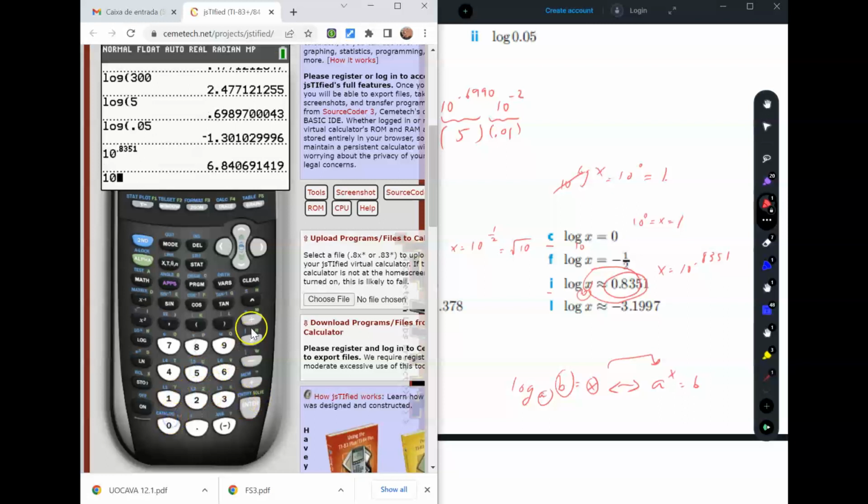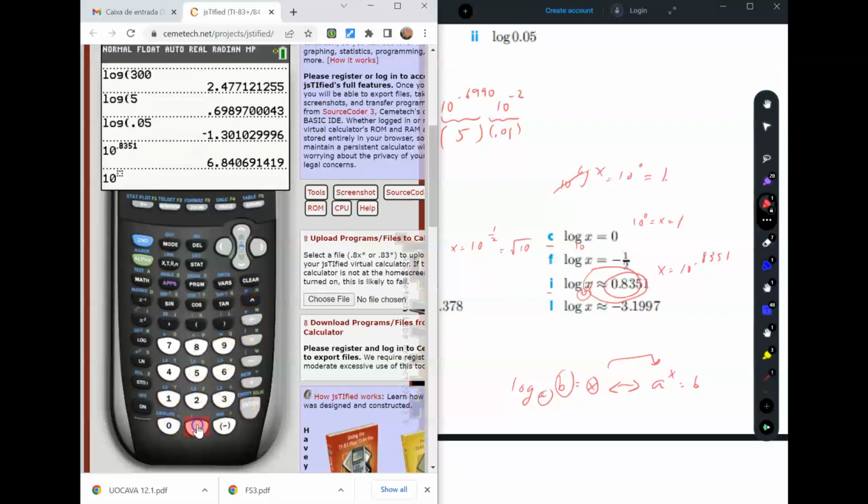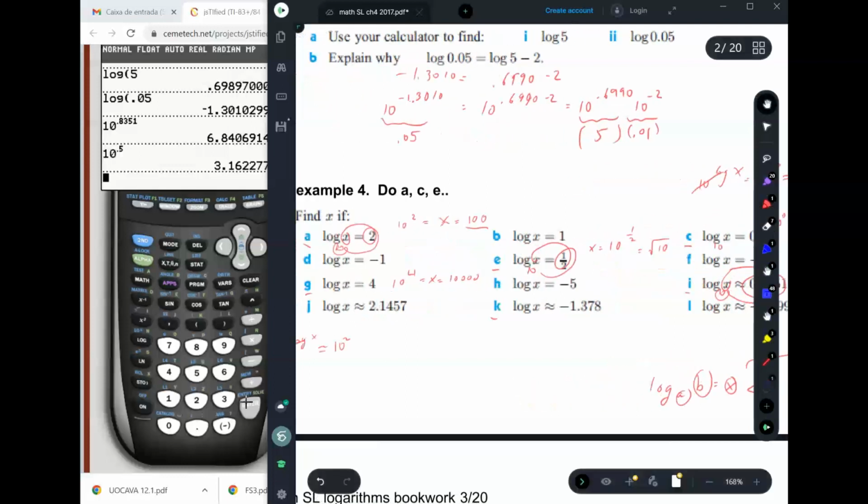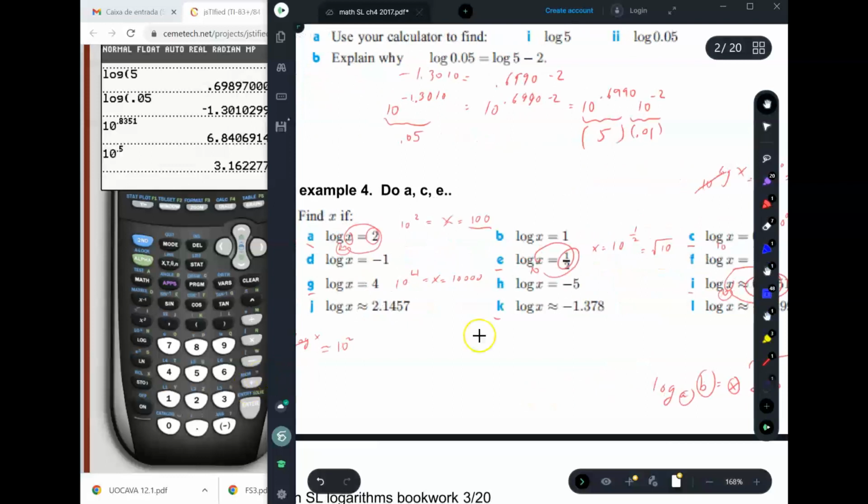It would be 10 to the 0.5, 3.16, right? So this would be 6.41 if I want another digit. Okay, remember on the exams we just need 3 significant figures unless they otherwise tell us.